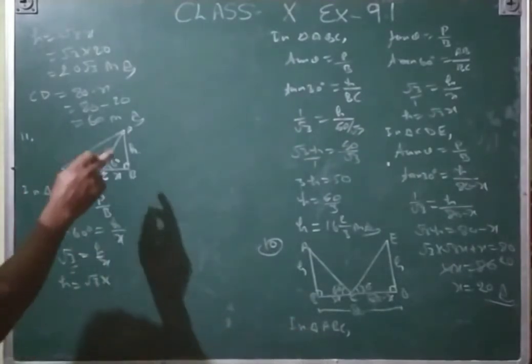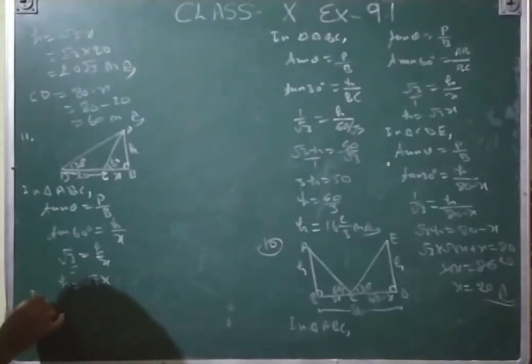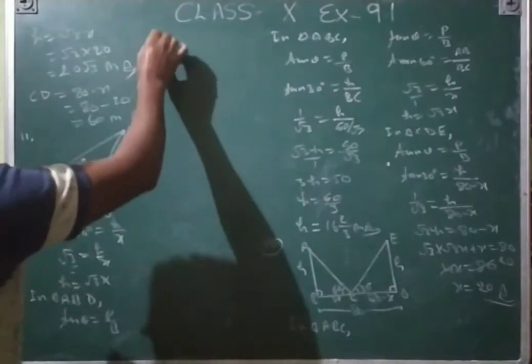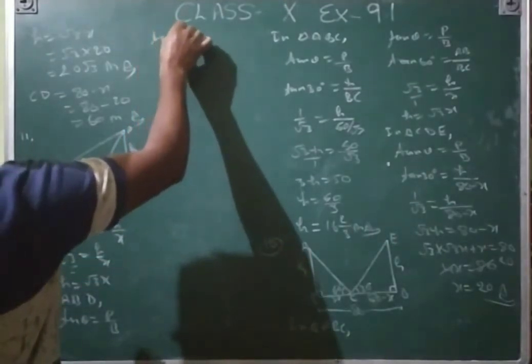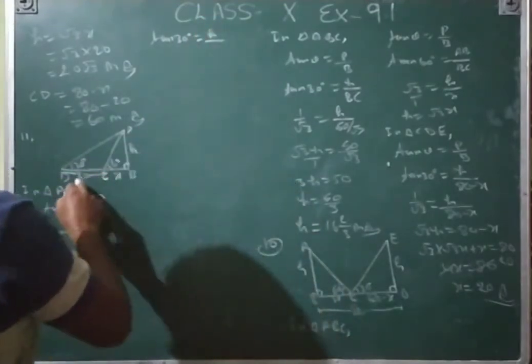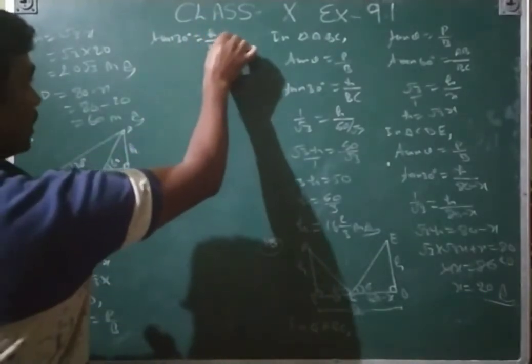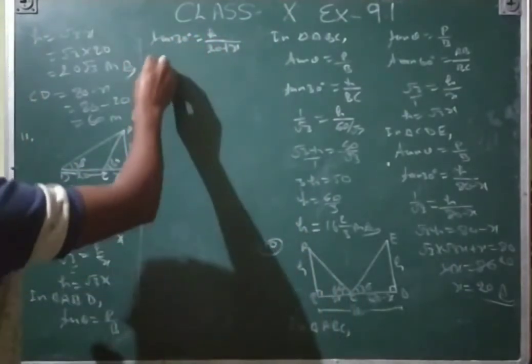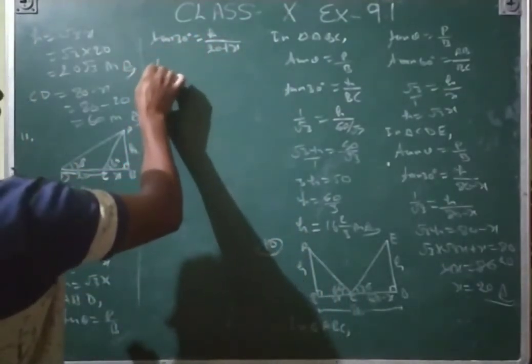Now in triangle ABD, again tan theta is equal to perpendicular upon base. So tan 30 degree is equal to perpendicular h upon base 20 plus x. Tan 30 value is 1 upon root 3.